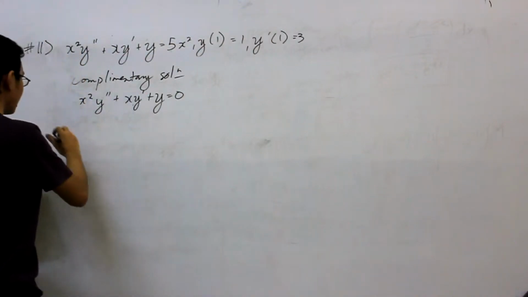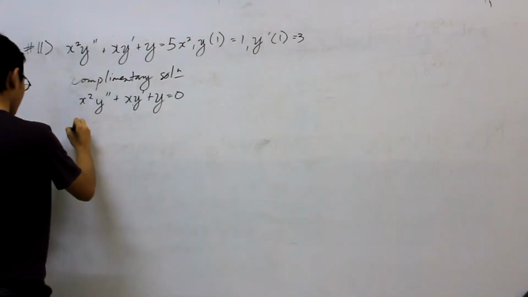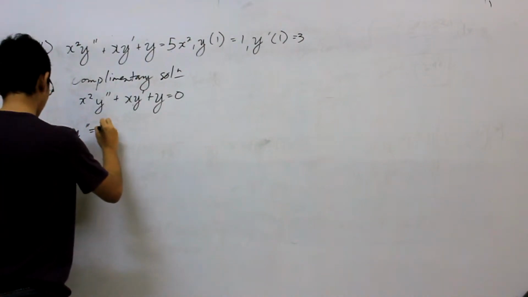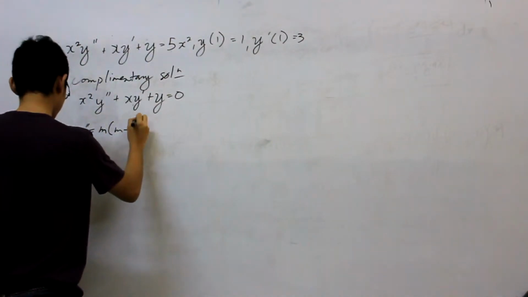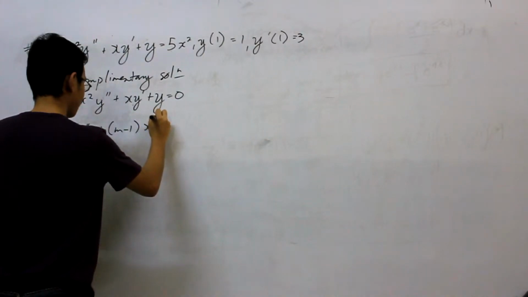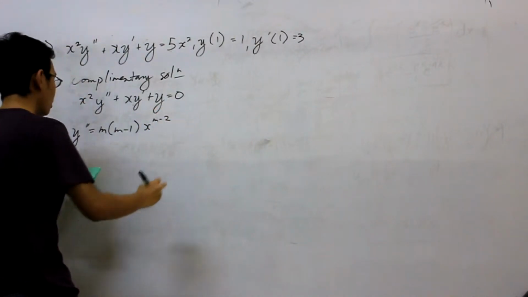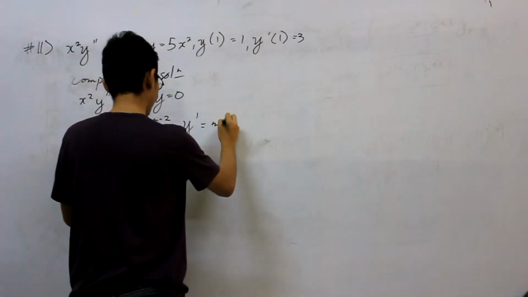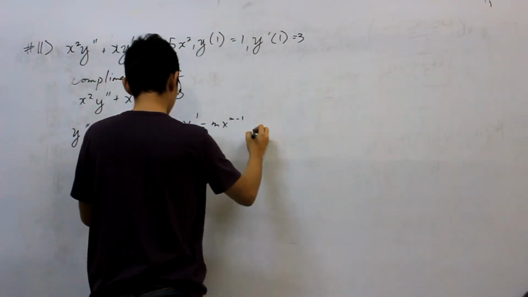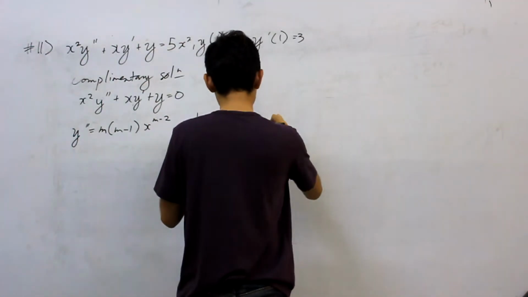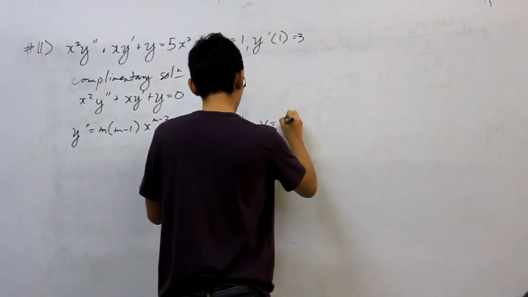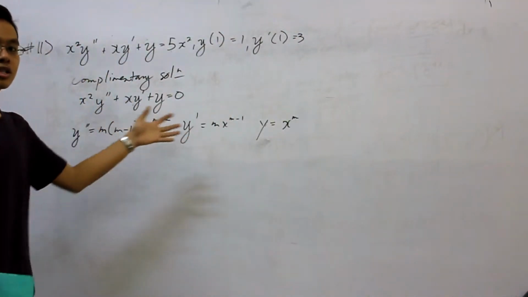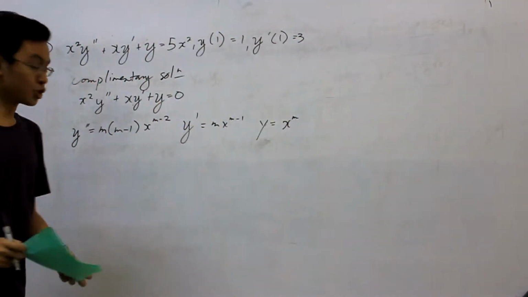So we have these formulas: y double prime is equal to m(m minus 1) x raised to the power m minus 2, y prime is equal to m x raised to the power m minus 1, and y is equal to x raised to the power m. So using these values, we can substitute directly into this equation.